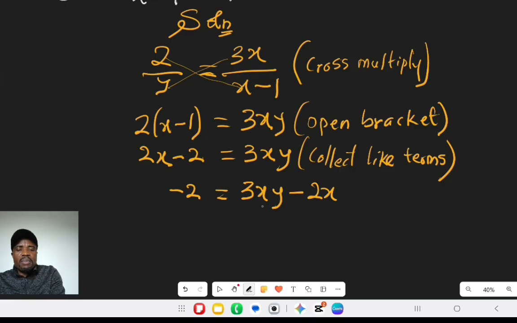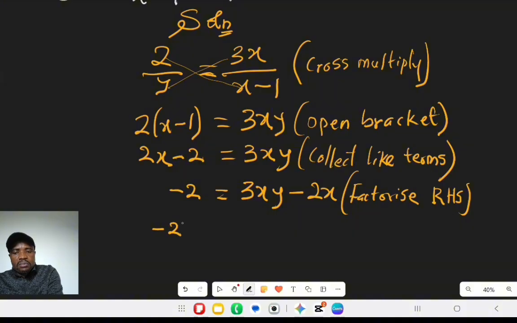We can continue by factorizing the right-hand side. We have minus 2 equals, what is common here? We discover that x is common, which is x into what is left, 3y minus 2. Then we continue. We want to make x the subject of formula.